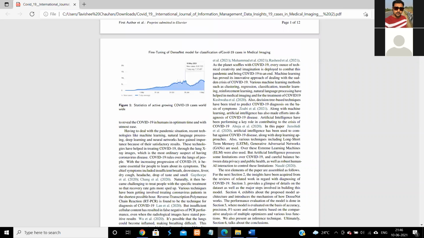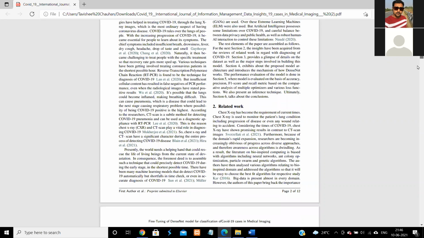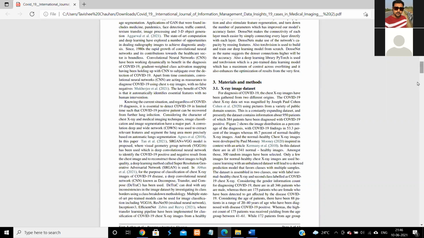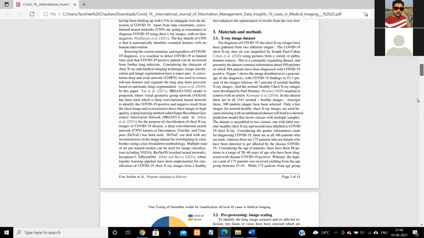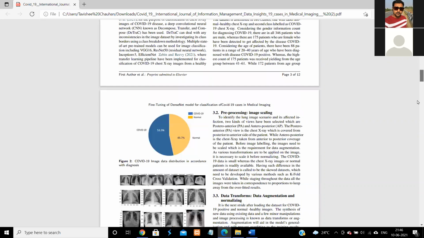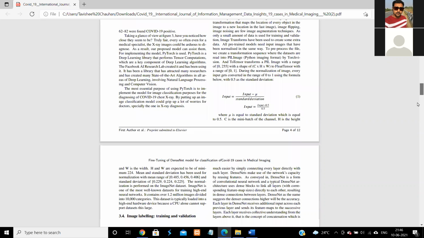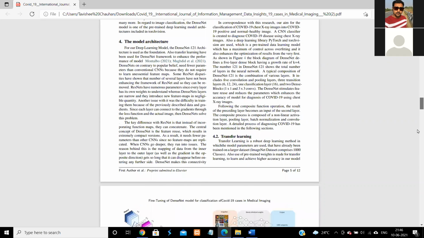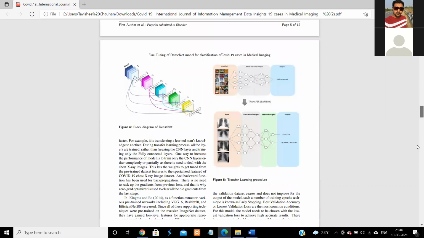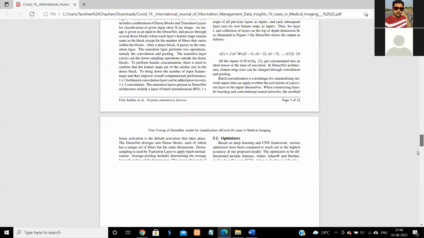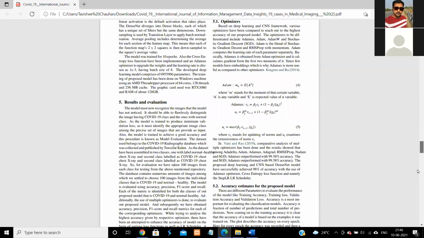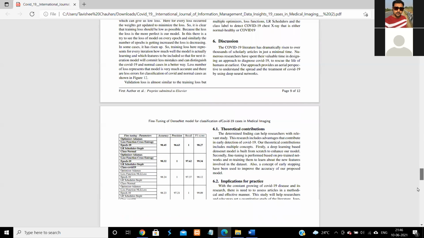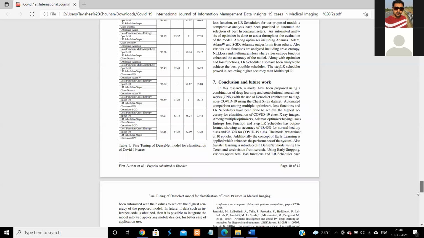After the introduction, we went with the literature survey. After that, the materials and methods we used, that is the data set and the complete process of building the model. Then the introduction to the particular model architecture and its related concepts. After that, results and evaluation. After results and evaluation, we have discussion and conclusion as well as future work. So thank you.